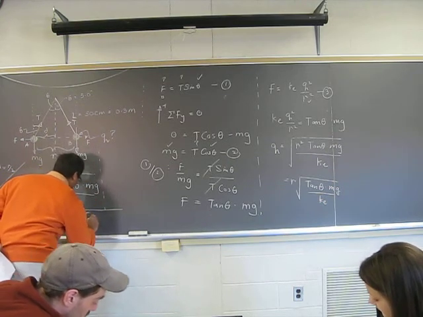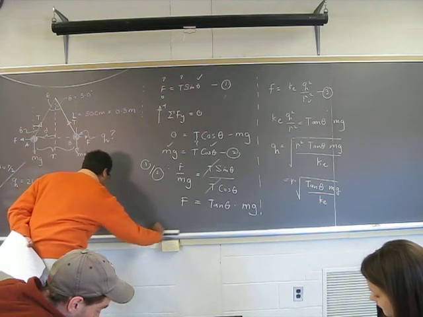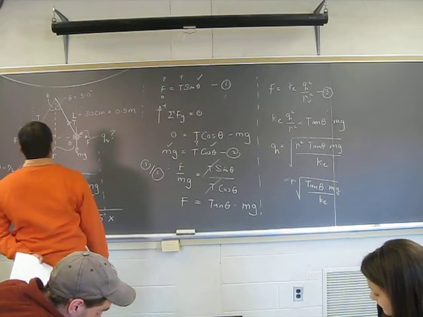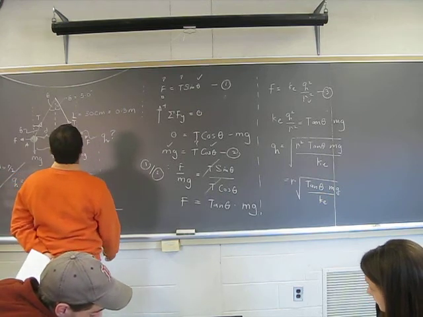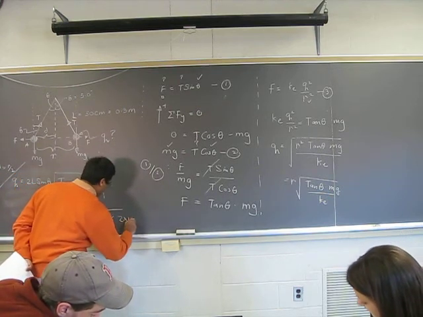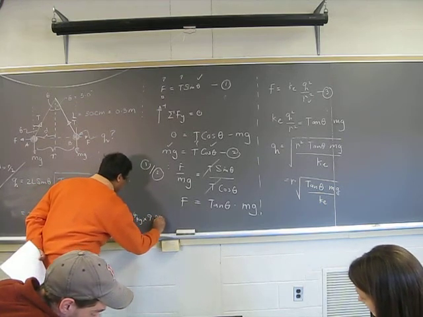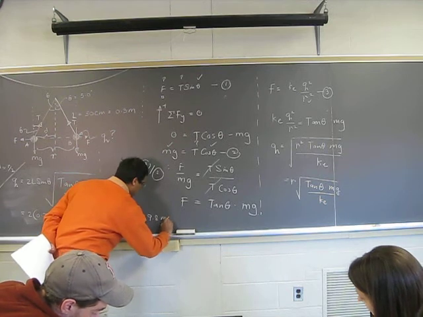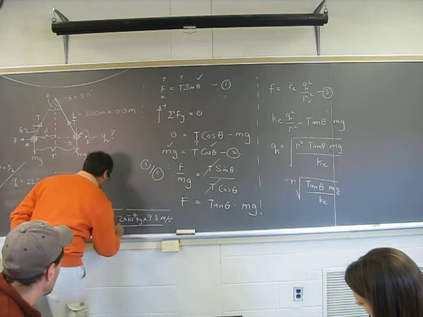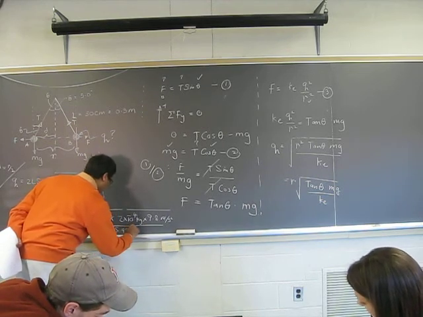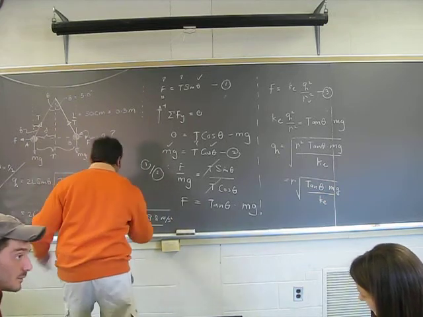I have tan of 5 degrees times mass, which is given to us as, I think I may have erased that, right? So we have 2 times 10 to the power minus 4 kilograms times 9.8 meters per square second gravity divided by 8.99 times 10 to the power 9.